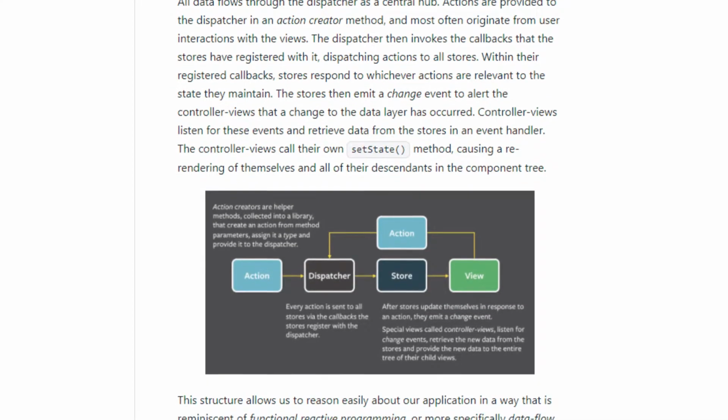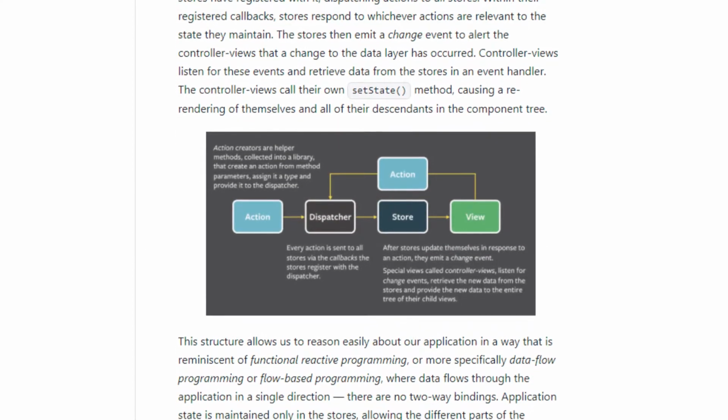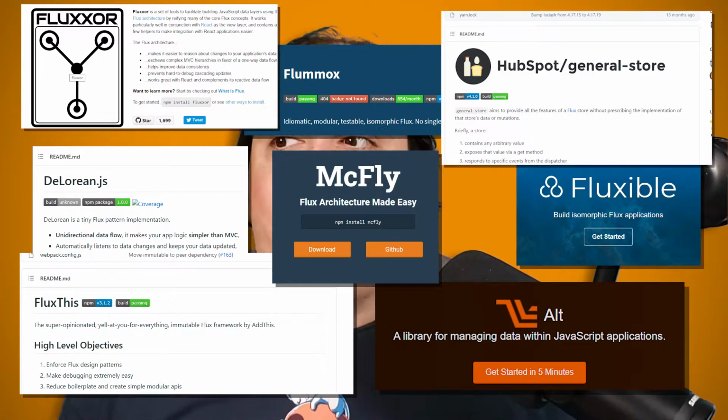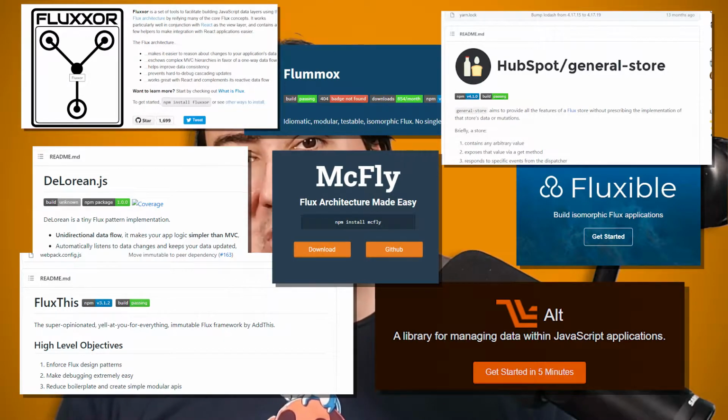However, it was boilerplate heavy. So, very quickly, the community went along with their own takes on it. And for a while, there was very much a new Flux framework every day coming along. And that was not great. There was a lot of fragmentation in the community.